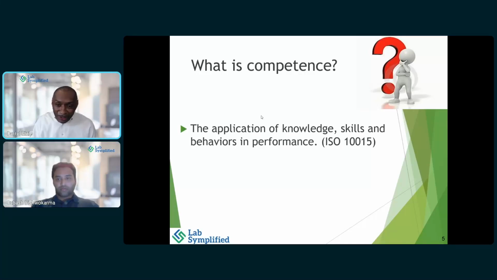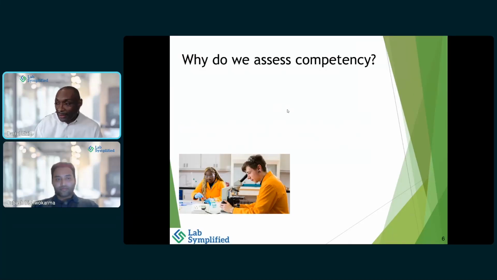How do they follow those SOPs as they're written? One of the things I always talk about is what we call human drift. We learn shortcuts and workarounds that are not per SOP, and that's usually where we get in trouble. So we do competence to make sure everyone has the skill and the knowledge, and they're applying it correctly.